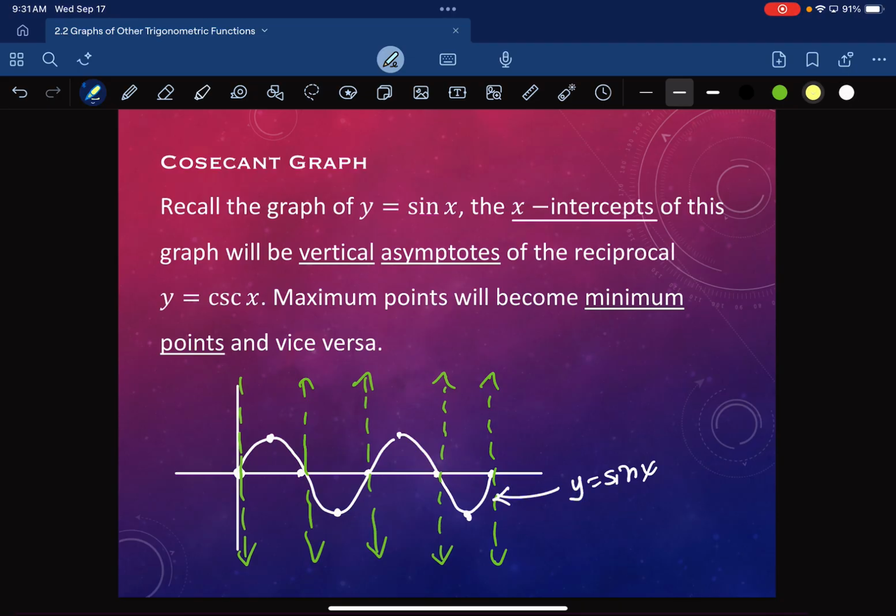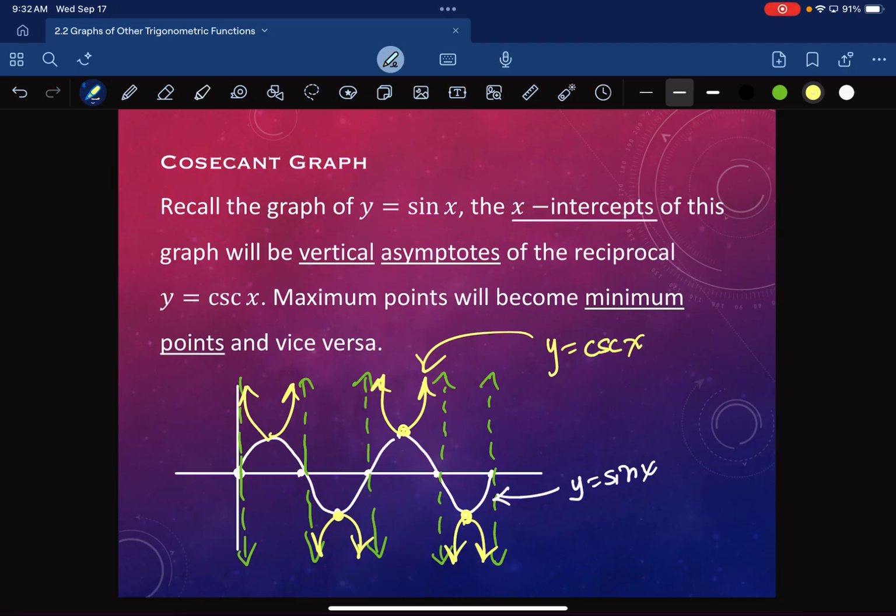And then I'm going to use yellow, and I'm going to create the branches that open up and down from there. And these yellow branches, all of them are y equals cosecant of x. It feels like same song, second verse, right?